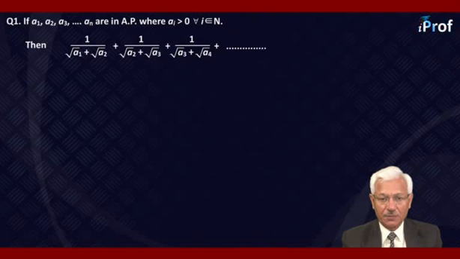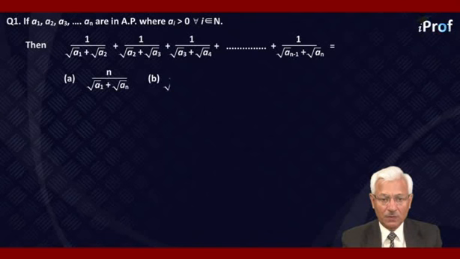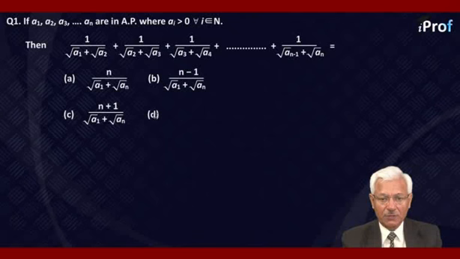That is, the last term becomes 1 upon square root of An minus 1 plus square root of An, is equal to: the options are n upon square root of A1 plus square root of An. Second option is n minus 1 upon square root of A1 plus square root of An. Third option is n plus 1 upon square root of A1 plus square root of An. And the last option is none of these.